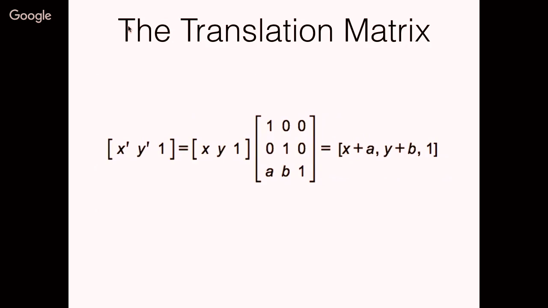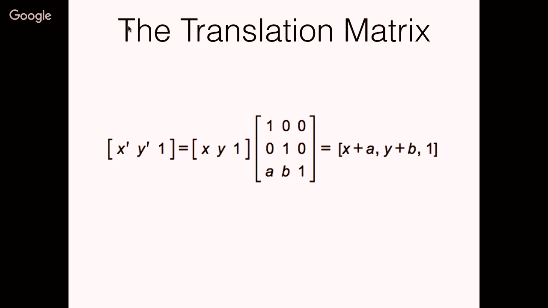And the reason why that is so good is that originally we did translation by adding a bit into the point that we had, but we can do translation by multiplying.